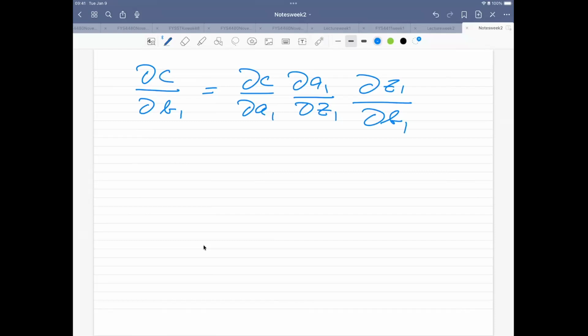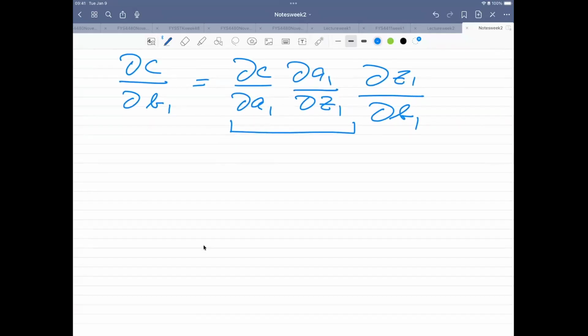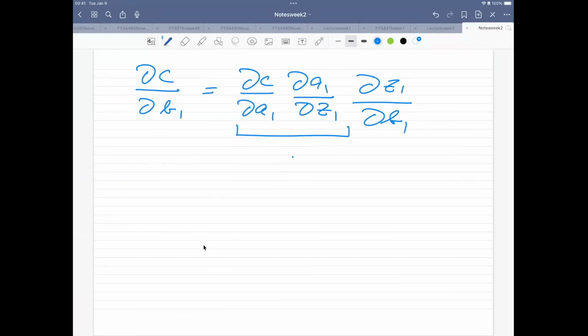And when you deal with matrices, you will need the derivative of matrices, etc. Now, this quantity here is often brought together into one variable, which in the literature you will often see called delta. This is calculated at the end point, the output, so this is something you would start the calculations with. And then this quantity here is just equal to 1. So that means that this dC/dB1 is actually equal to this variable delta 1.